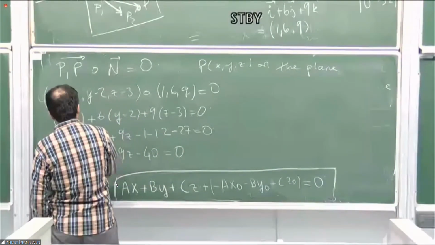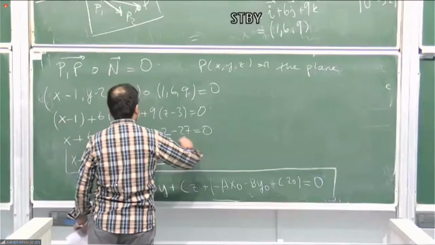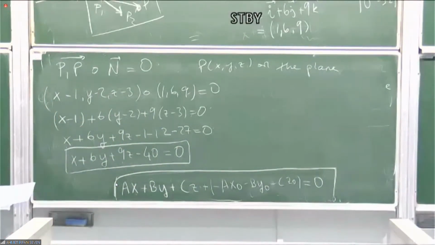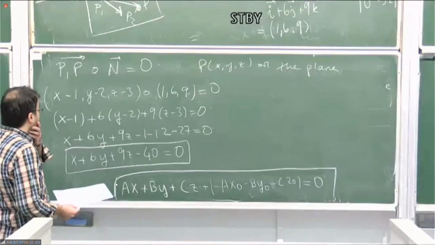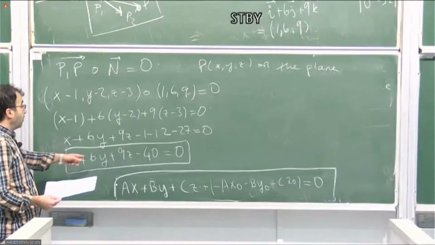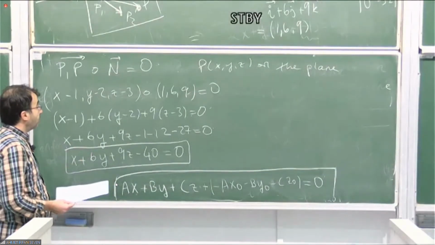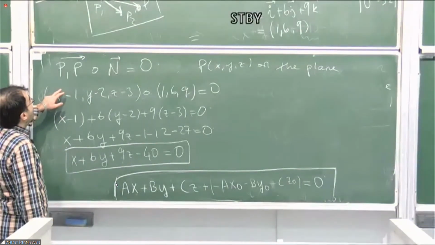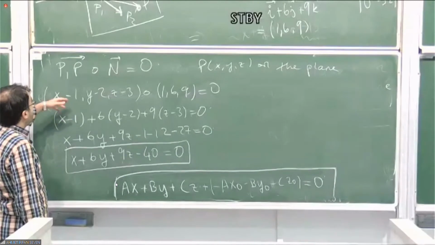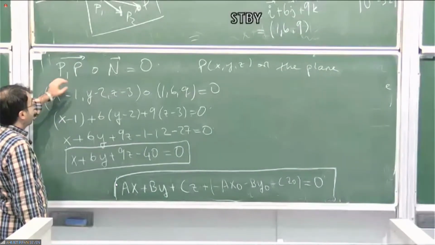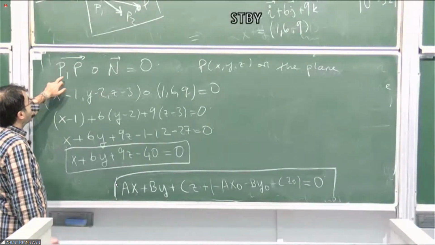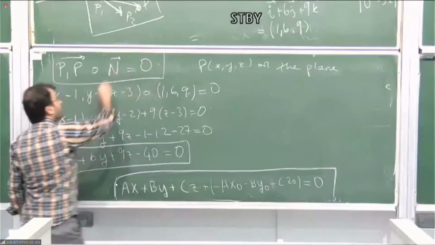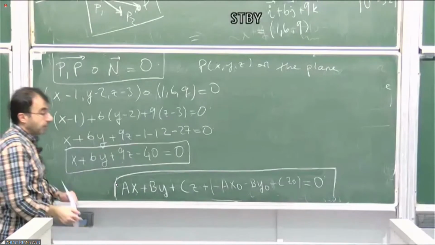All right, so you see, this is the equation we get: x plus 6y plus 9z minus 40. Okay, so you see, the crucial thing is obviously finding the normal vector and writing this one.